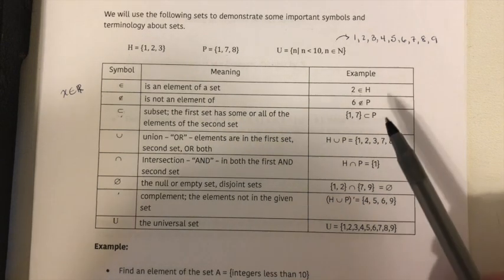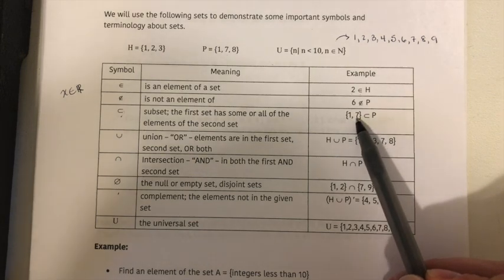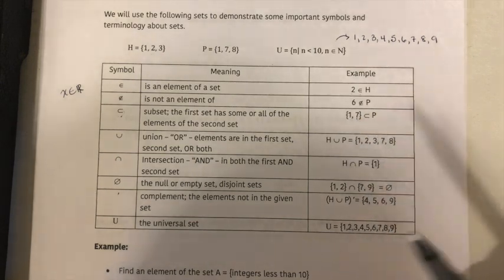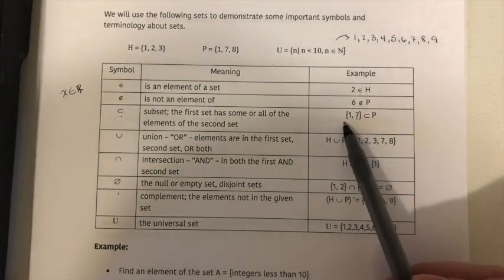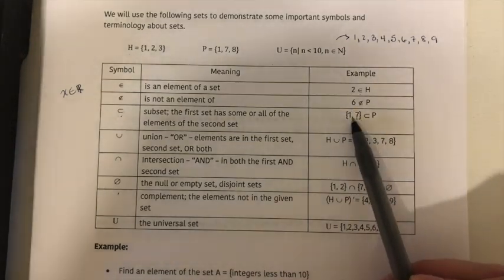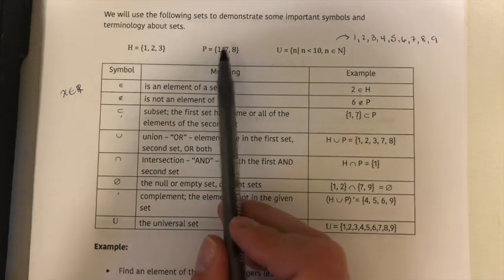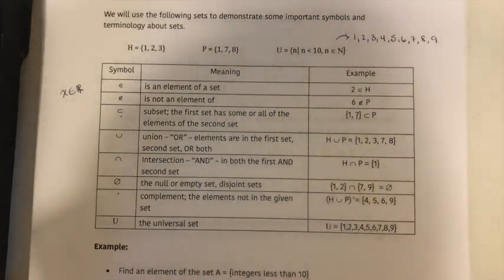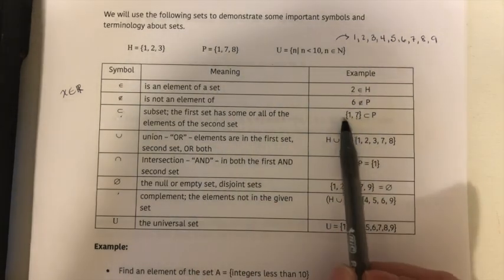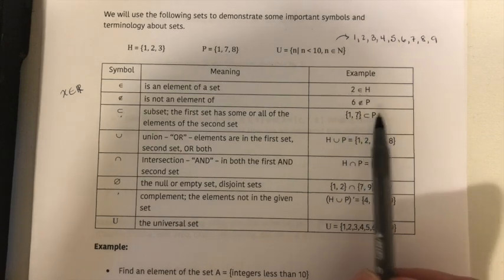So this individual set, 1 and 7, which we could give a name if we wanted to, like Q or L or squid, it doesn't really matter, is a subset of P, meaning that P contains 1 and 7, and we've just chosen some but not all of P. So this set is a subset, meaning it came out of the elements in P.